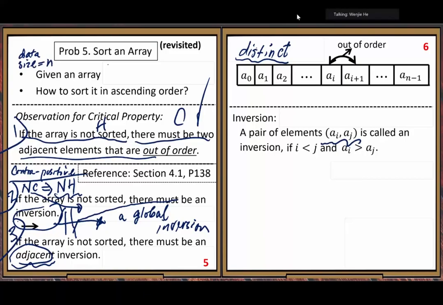First I want to ask you about the maximum number of global inversions.